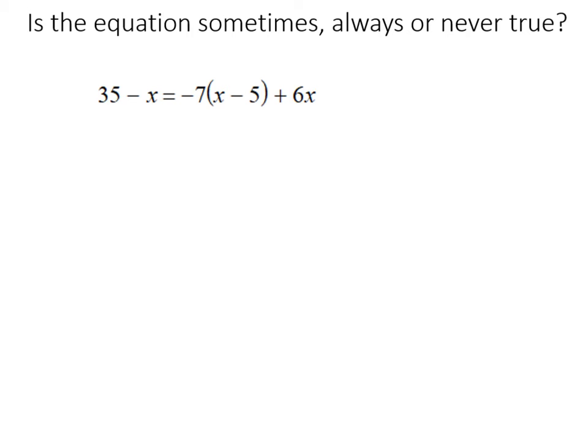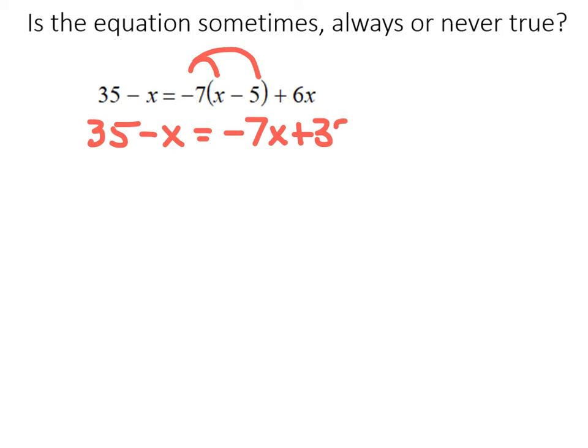In this next example, we need to simplify both sides of the equation. Now the left side is already simplified, so we can rewrite it as 35 minus x equals, on the right side we have to first distribute that negative 7 to both terms, so it's minus 7x plus 35 plus 6x.